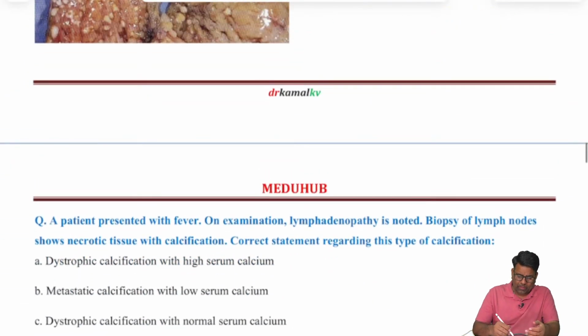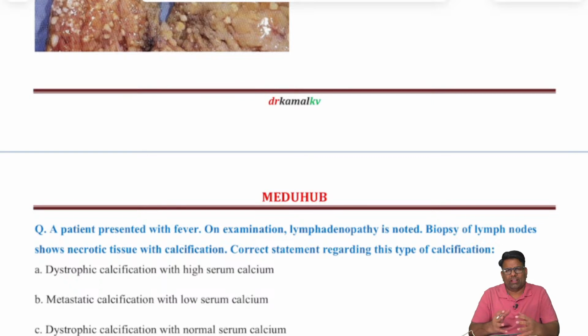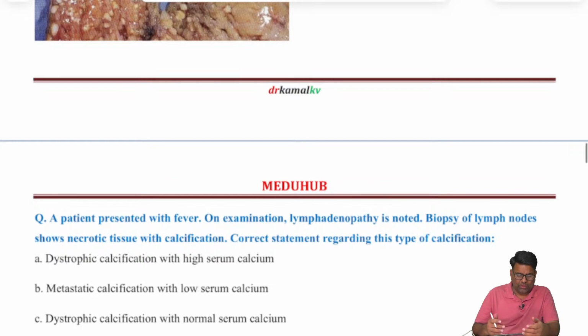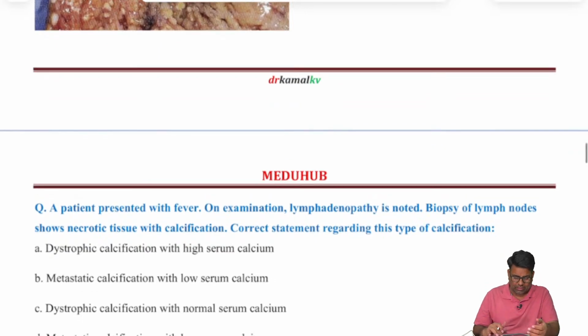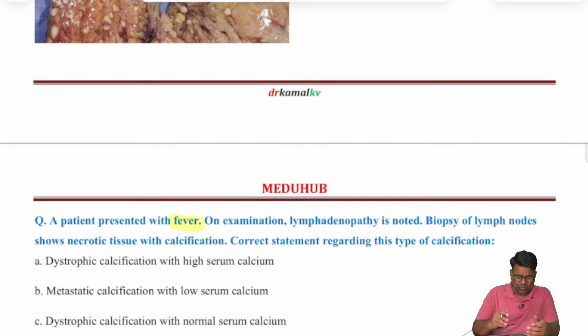Now, another question was also from a very important topic, that is calcification. We know that there are two types of calcification, dystrophic and metastatic. Here, the patient had fever and enlargement of lymph nodes, and when these lymph nodes were biopsied, they showed necrotic tissue with calcification.